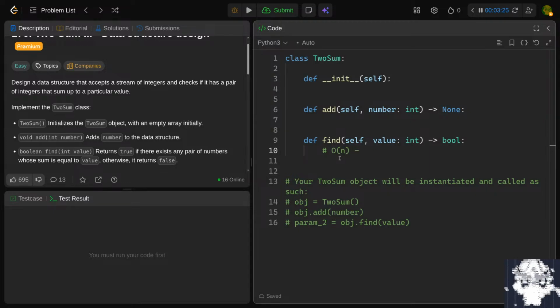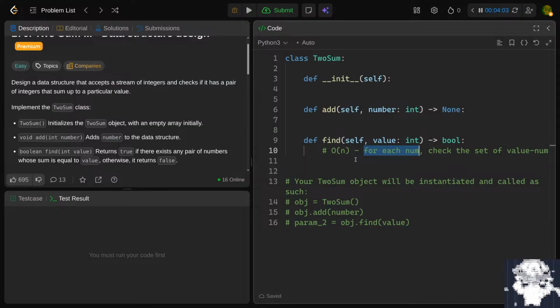So let me try to think this through. Find in O of n would be: for each num, check the set for value minus num. Checking the set is O(1), and for each num is O(n). You can't do better than O(n), right?